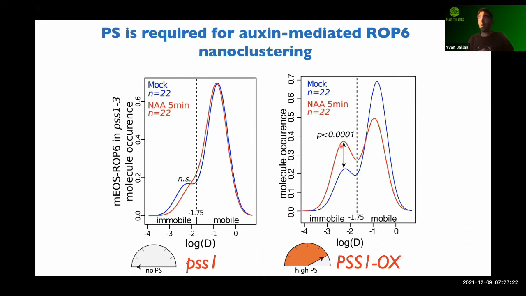And so the take-home message here is that yes, the small GTPase GTP cycle is very important, but the precise spatiotemporal activation of the GTPase is also critical. Even in the GTP state, if it's not at the right place at the right time, there is no signal.